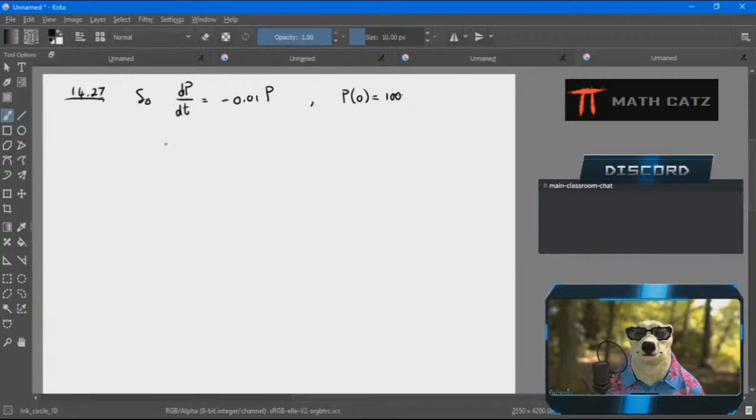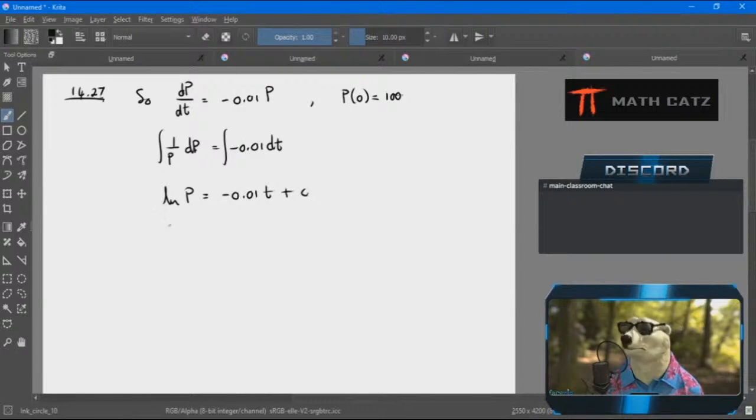So I'm going to go about my business and solve this the exact same way, separating the variables, keeping the constant on the right, integrate both sides, natural log of p in this case, -0.01 t plus a constant.